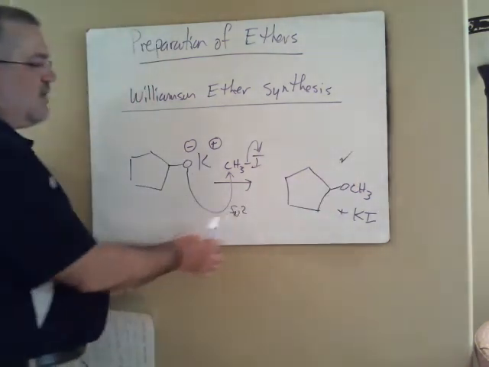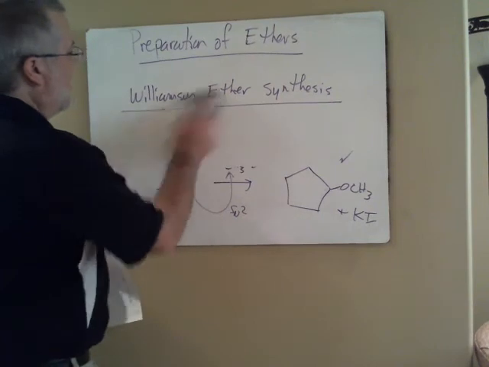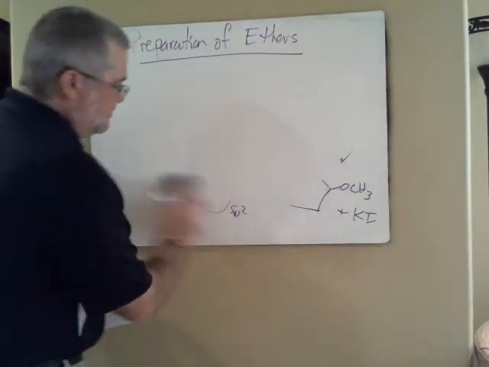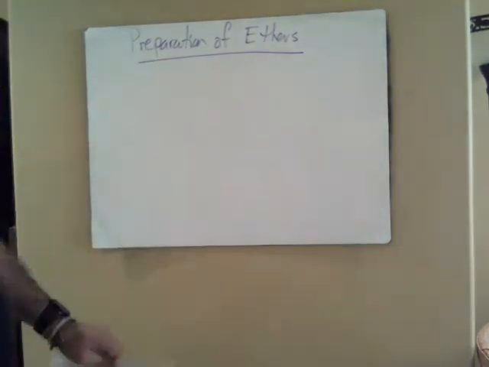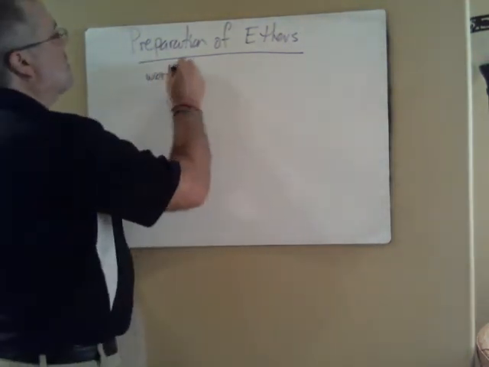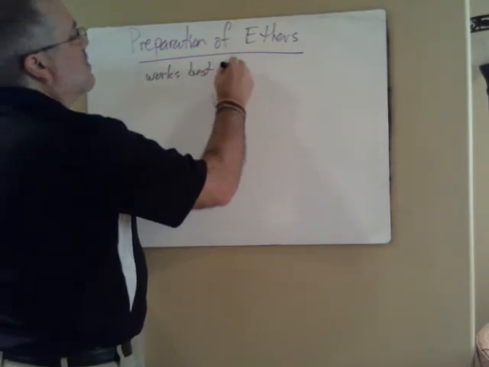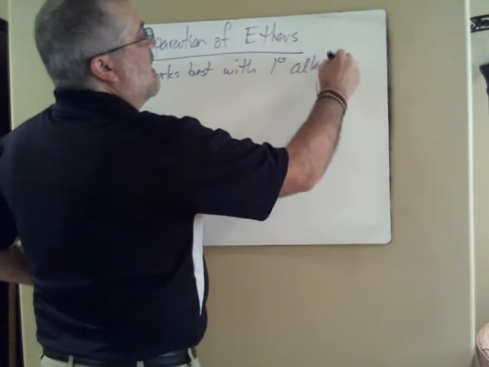Now, if it's SN2, it's going to have some limitations, right? So the Williamson ether synthesis has the limitation that it works best with primary alkyl halides.